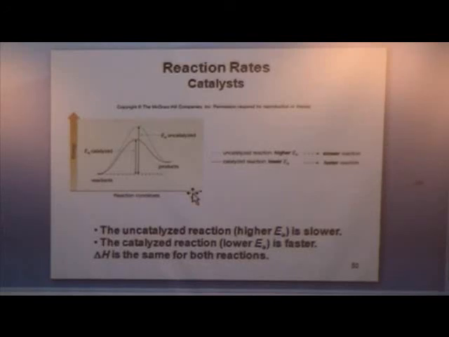Adding the catalyst finds you a quicker way to get to the product. In other words, it lowers the barrier. Instead of going from here to here to get to product, what's better? From here to here. A shortcut saves time. A catalyst does that. Okay?